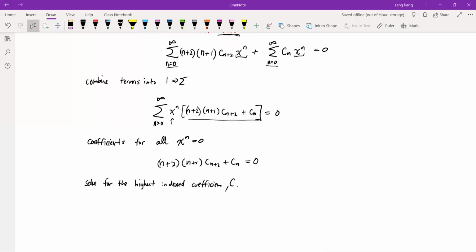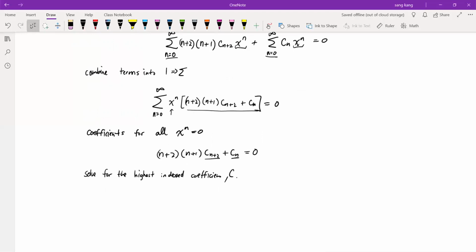So my highest index coefficient would be C n plus 2, which is greater than C n, right? The index is higher. So I'm going to solve for C n plus 2, which would be negative C n over n plus 2 times n plus 1.